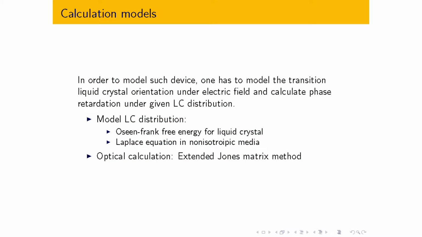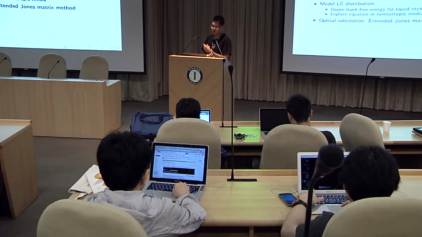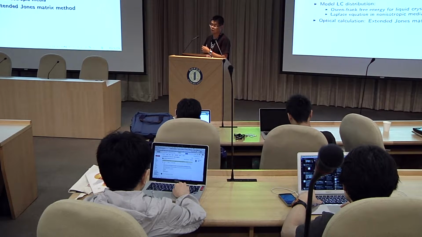So in order to model such a system, it includes two parts of the calculation. The first one is to calculate the orientations of the liquid crystals in the liquid crystal layer. When I have the liquid crystal orientations, if I know all the orientations of the liquid crystal molecules, I can calculate the change of the polarization when the light propagates through the liquid crystal layer.